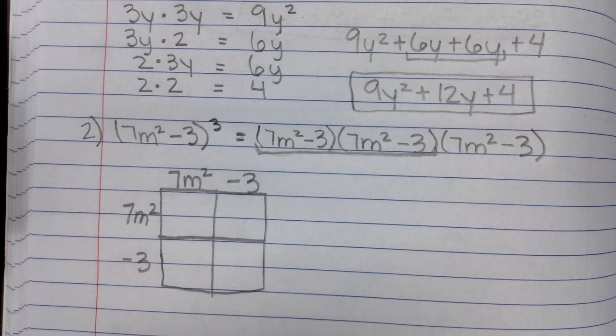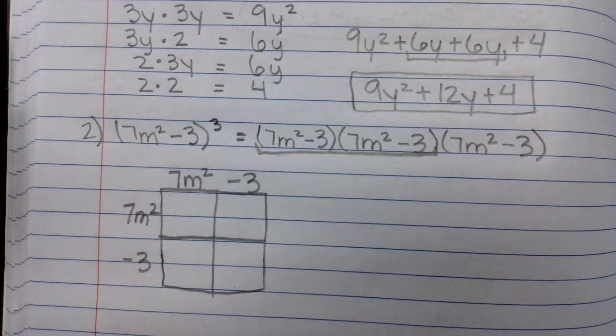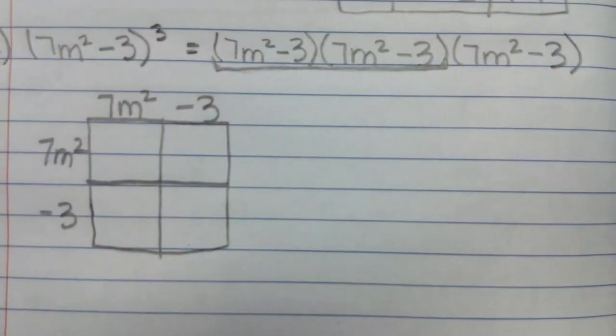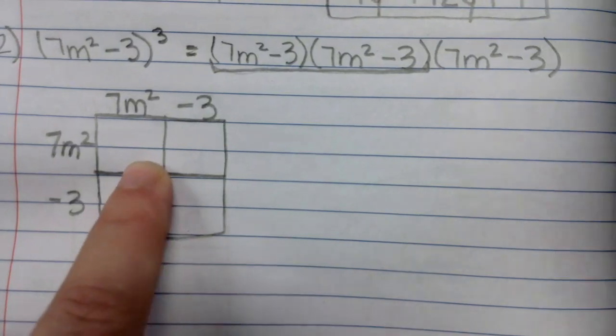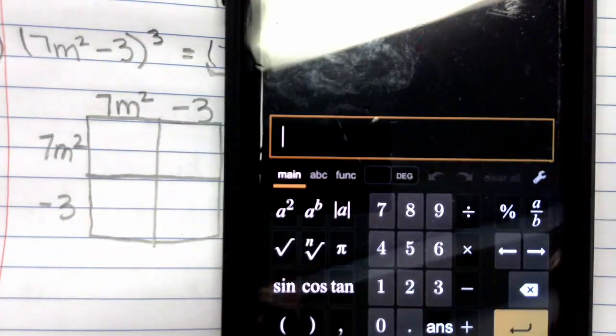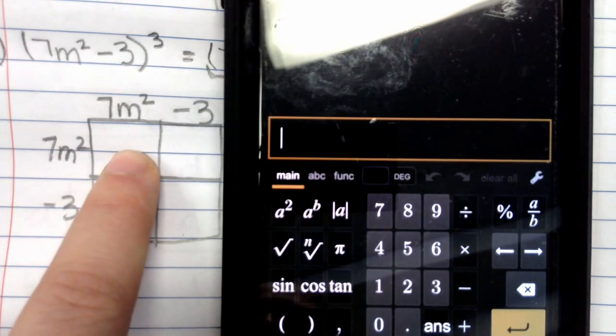What would you put into your calculator to fill that top box? 7m squared. Can we put m squared in our calculator? 7 times 7. But then we'll need to think about those m squared. So we want to think like how many m's will we actually have when we combine those? So we have m squared and then we have another m squared. M to the 4th.